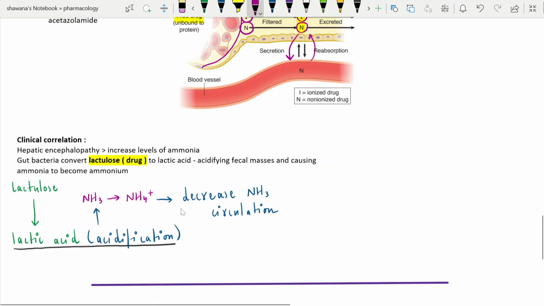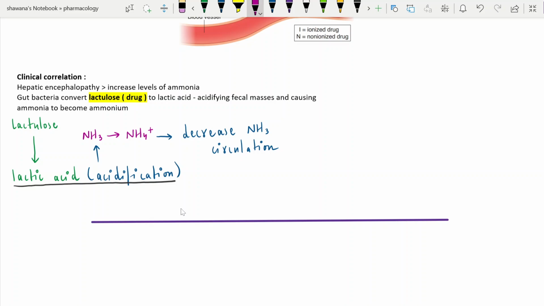The last clinical correlation is hepatic encephalopathy. In hepatic encephalopathy, think about liver dysfunction. When the liver is dysfunctional, it means an increased level of ammonia. When we use the drug lactulose, the gut bacteria convert the lactulose into lactic acid.